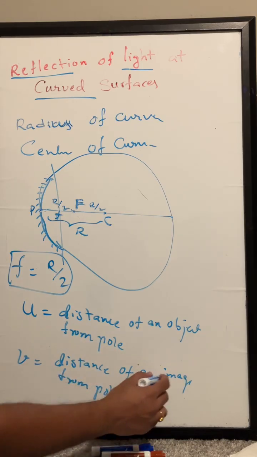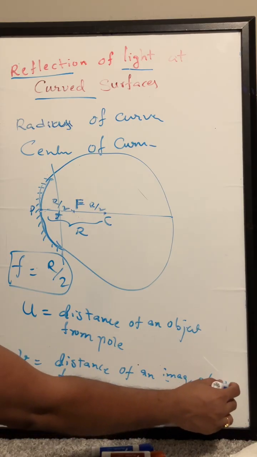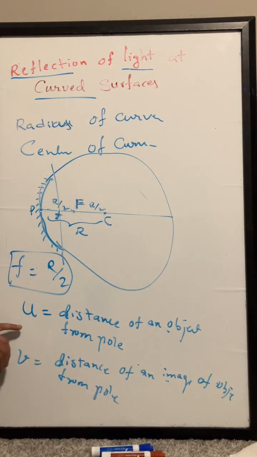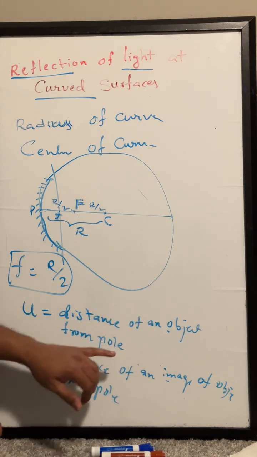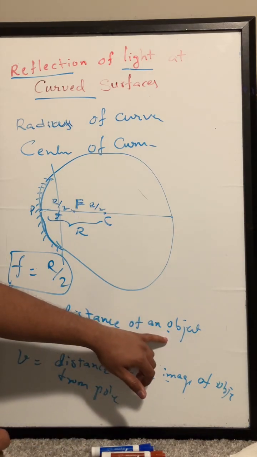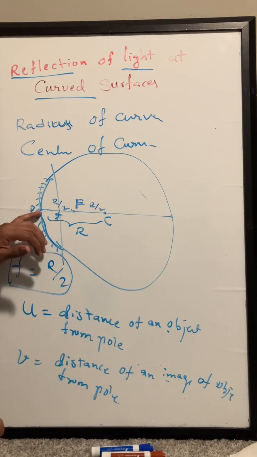Not any image, the image of this object. So we know the U, we know the V, we know what they mean. Distance of an object. Whether it's a candle or a pencil or anything, that is called the object. So we calculate from the pole.